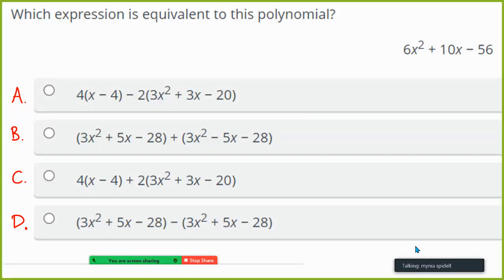I got 12 and negative 7. Then I split 5x as the sum of 12x and negative 7x, and I got 3x² plus 12x minus 7x minus 28. Then I factored out the common terms into two terms, and I got 3x, 5x, negative 28 minus 3x² plus 5x, negative 28.